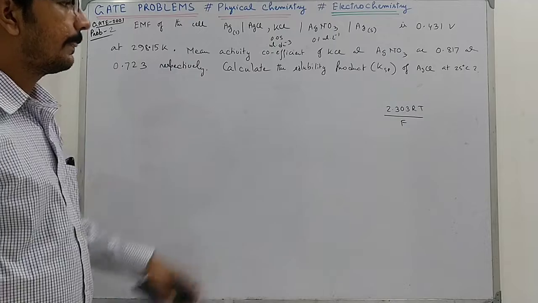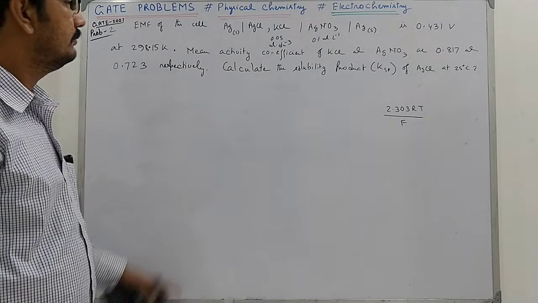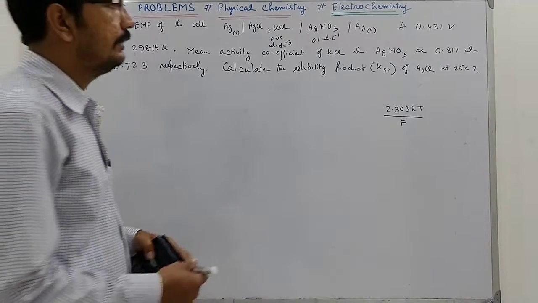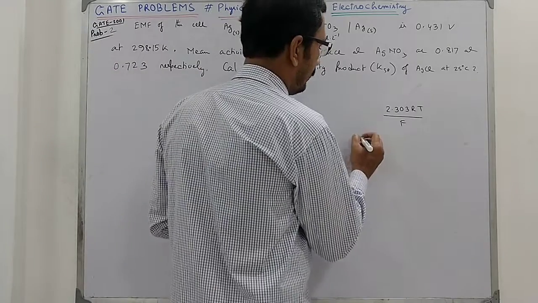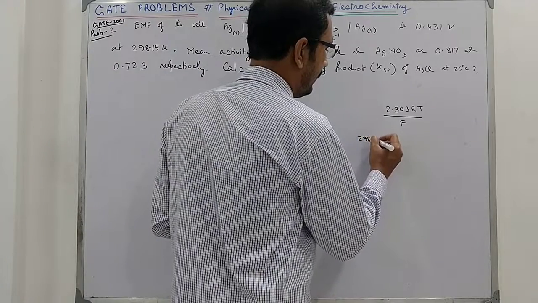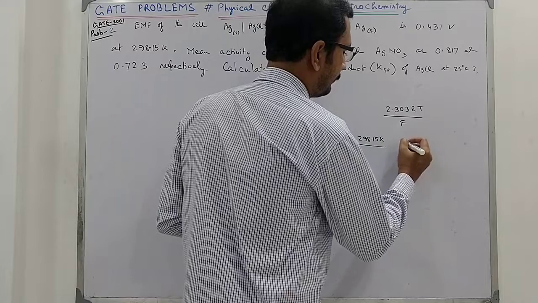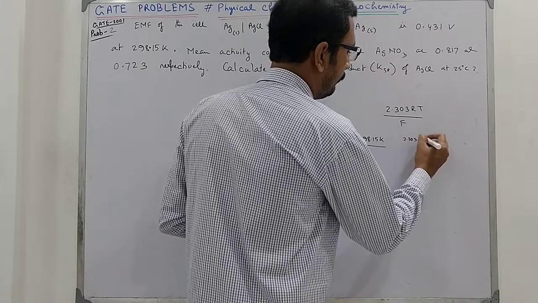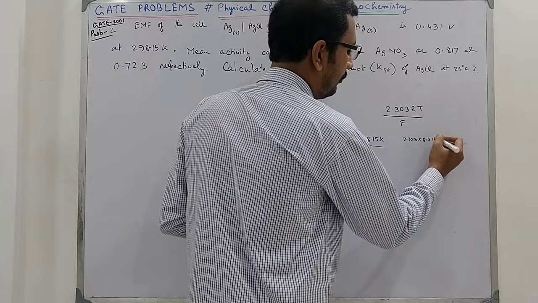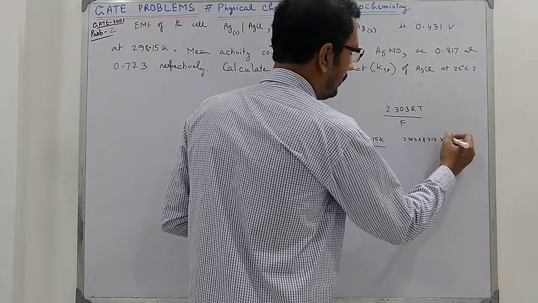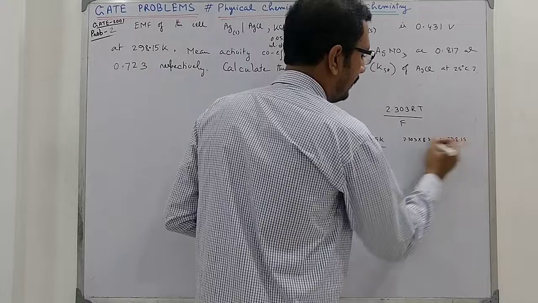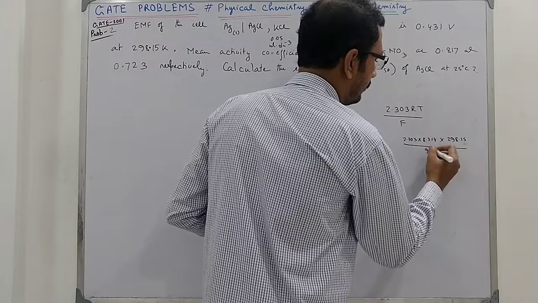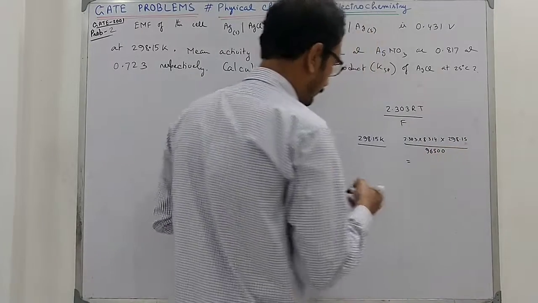Now let us calculate this for both the temperatures at the start. So for 298.15 Kelvin it will be 2.303 into 8.314 joule, into temperature 298.15, divided by 96500 coulomb.